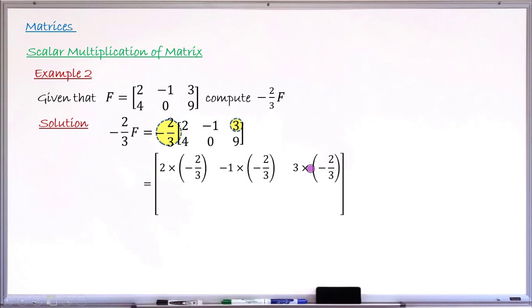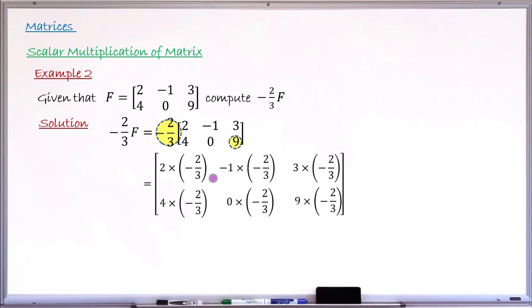That will give me the element in the first row, third column. I'll continue. I'll now move to the second row: 4 times minus 2 over 3. I'm going to have something like this. Next, to get the element in the second row, second column, I'll take 0 times minus 2 over 3. And the last is 9 times minus 2 over 3.